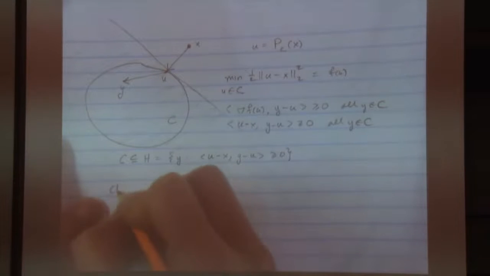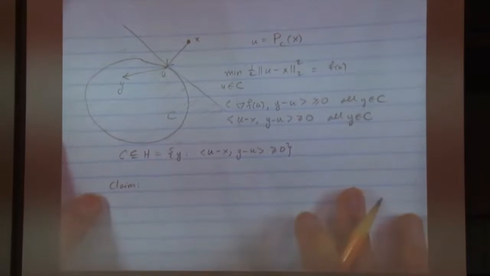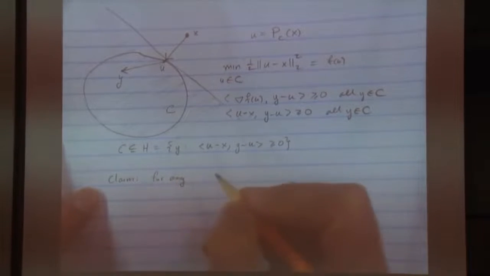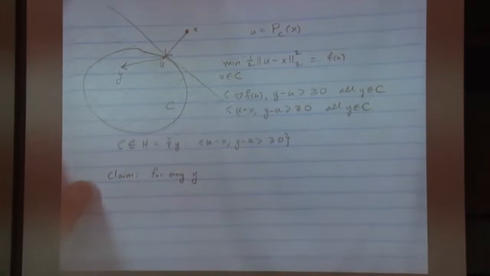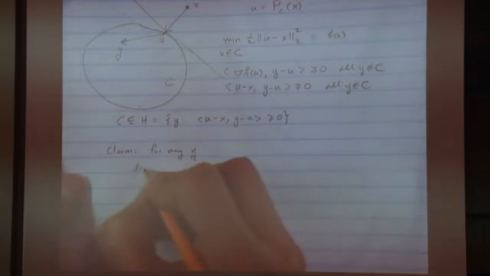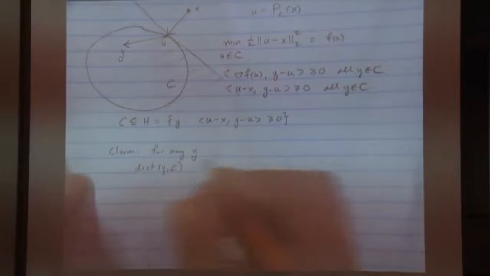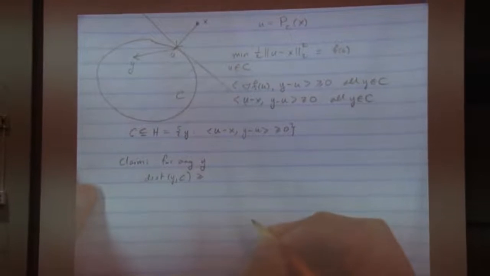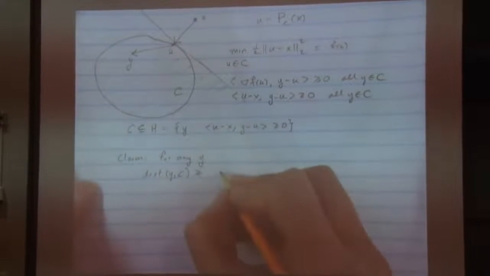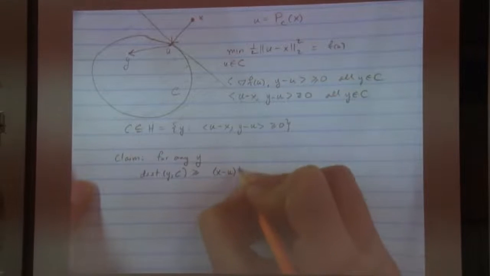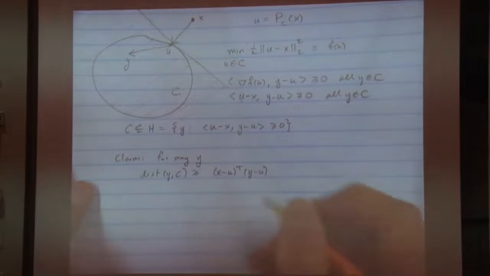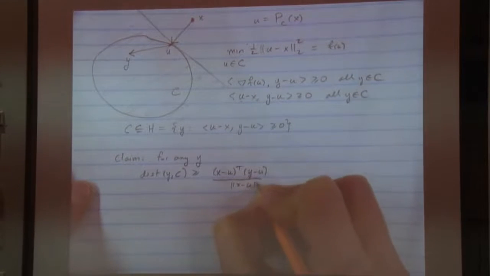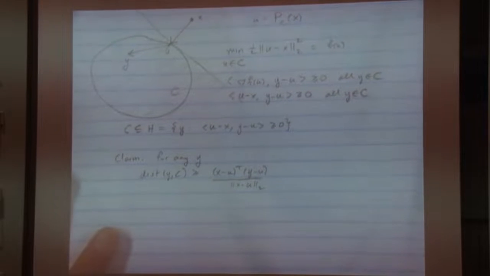Okay, now I'm going to claim the following, which is that for any y, the distance between the point y and C is going to be bigger than or equal to what happens when we take this quantity and we normalize it by its leading inner product.